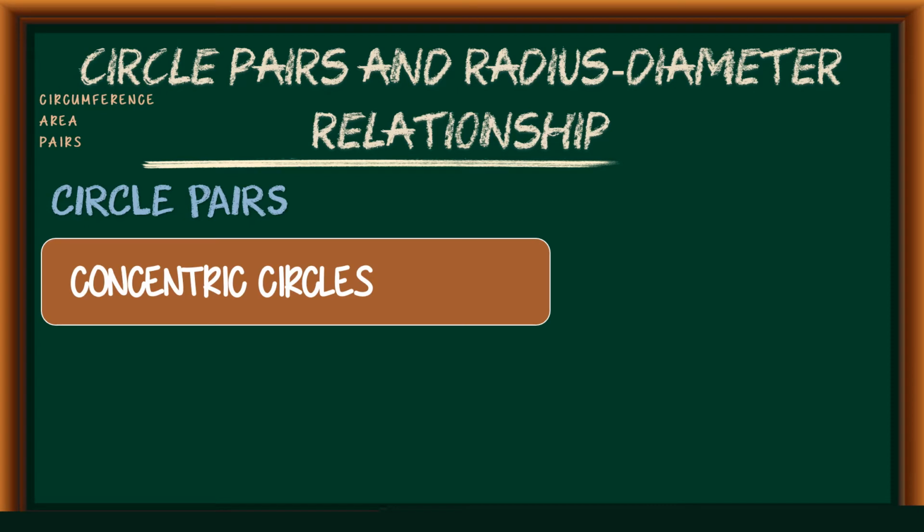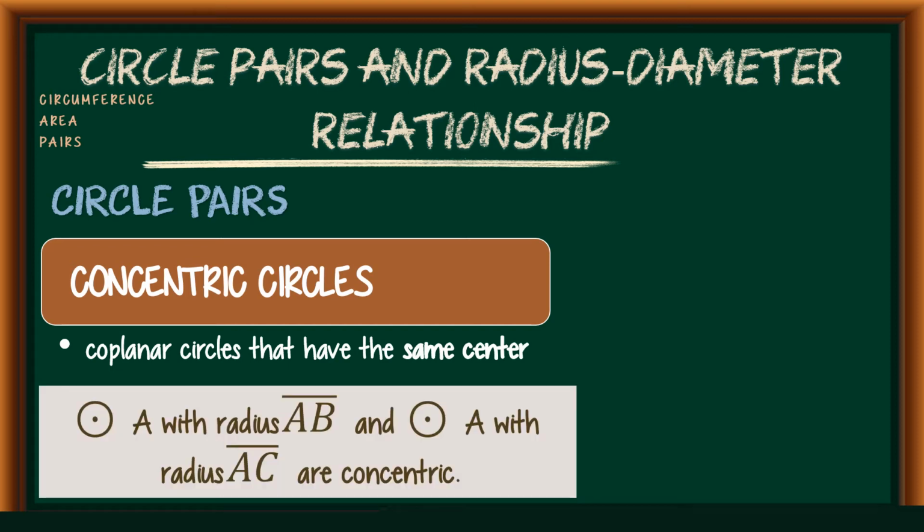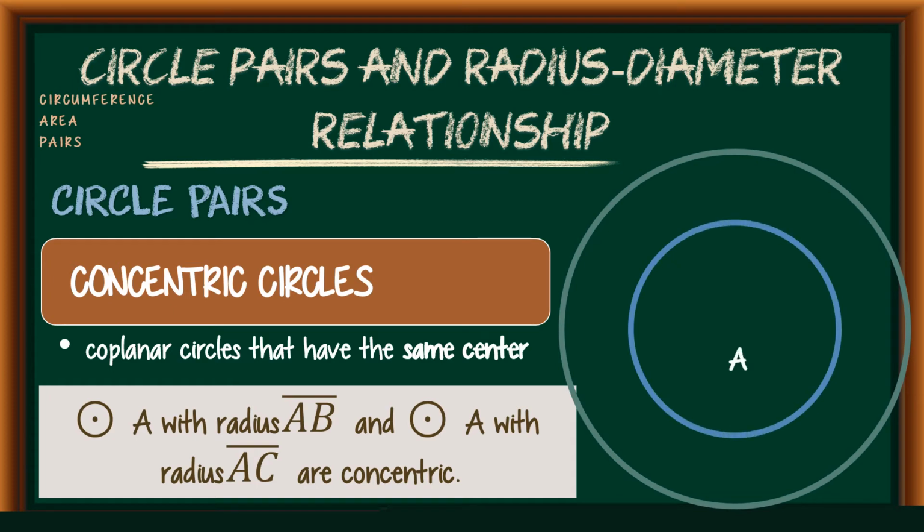Last pair, concentric circles. Pag sinabing concentric circles, these are coplanar circles that have the same center. So, circles having the same center. So, ano kaya itsura nun? Magkapatong na circle. Ano? Yan. Circle A with radius line segment AB. And circle A with radius AC, this one, yung mas malaki.